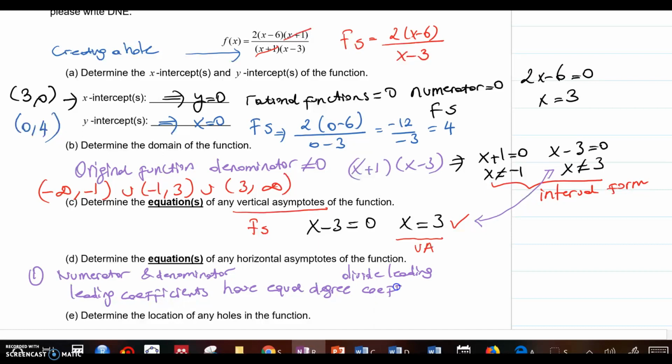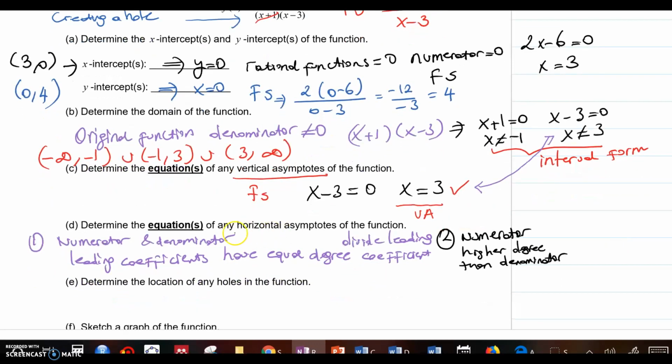Okay, so this is case 1 though. Case 2, numerator higher degree than denominator. All right. Then horizontal asymptote doesn't exist.